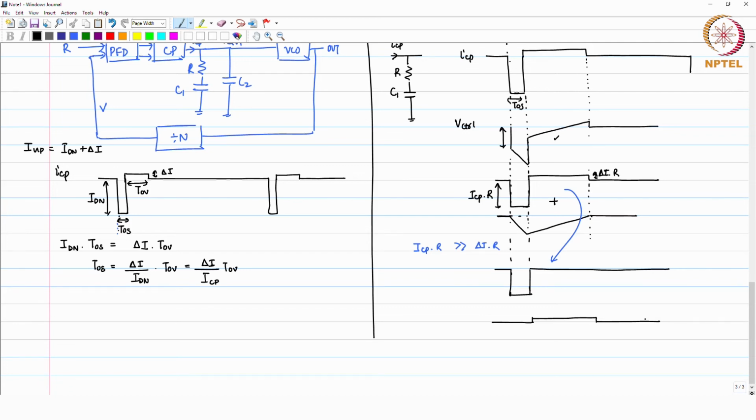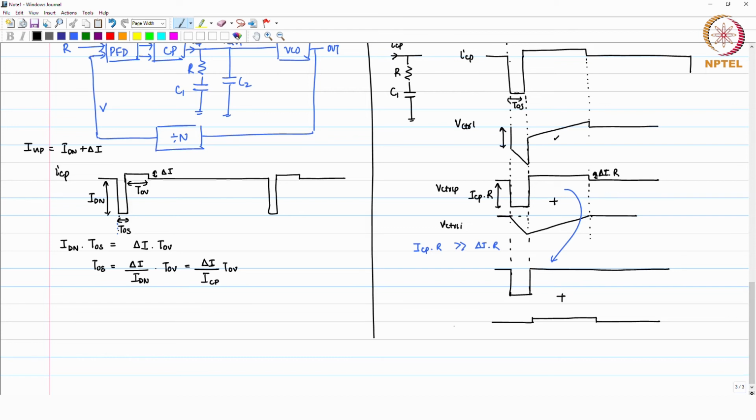Let us call this V control P and this V control I. So, I am decomposing V control P as the sum of these two waveforms.